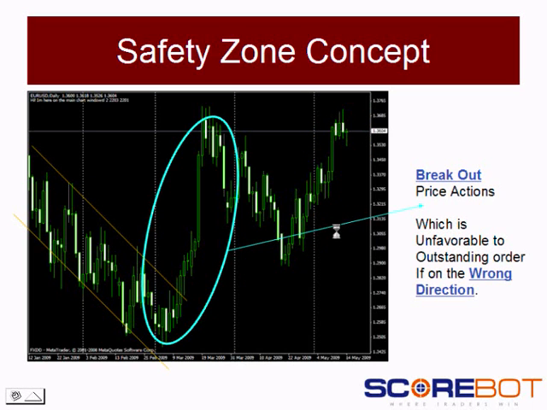However, there will be occasional breakout price actions. This could be triggered by economic data or the release of news that surprises the analysts or the expectation of everybody, so you'll see a sudden spike. It can be going up or down. Such price action, frankly, is very unfavorable to outstanding orders if you are on the wrong direction.